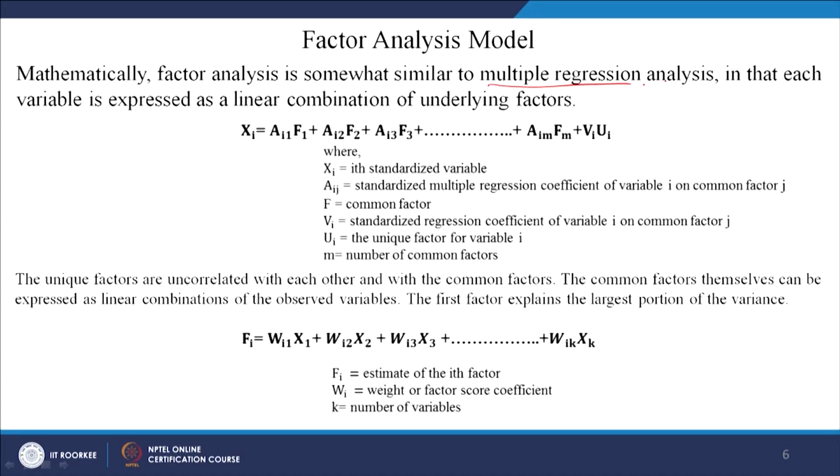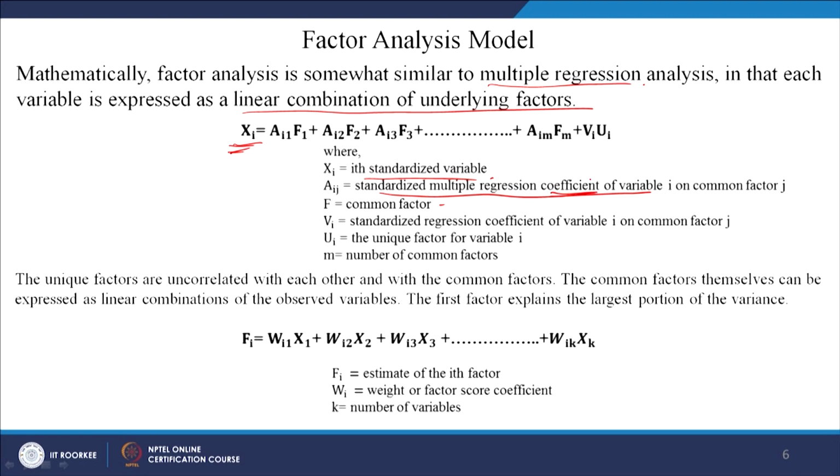So, what does factor analysis look like mathematically? Like multiple regression, factor analysis is also expressed similarly. Mathematically, factor analysis is somewhat similar to multiple regression analysis, in that each variable is expressed as a linear combination of the underlying factors. Here, Xi is the standardized variable, A is my standardized multiple regression coefficient, F1, F2 are my common factors.